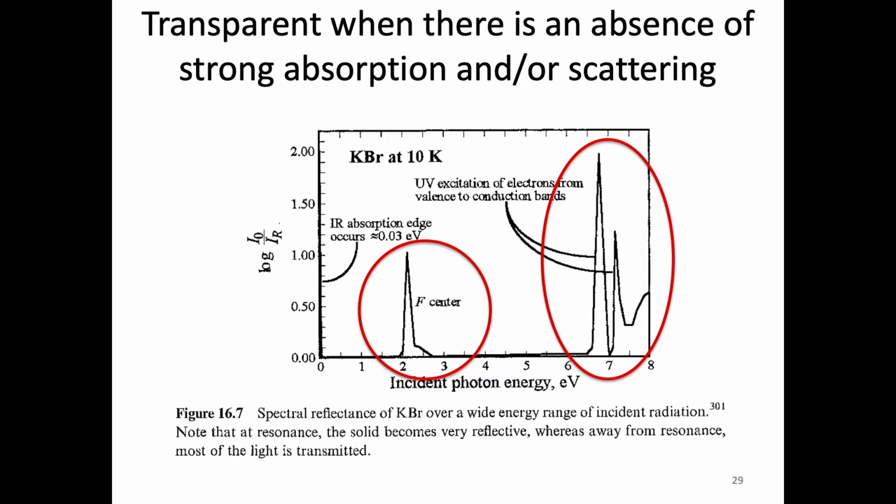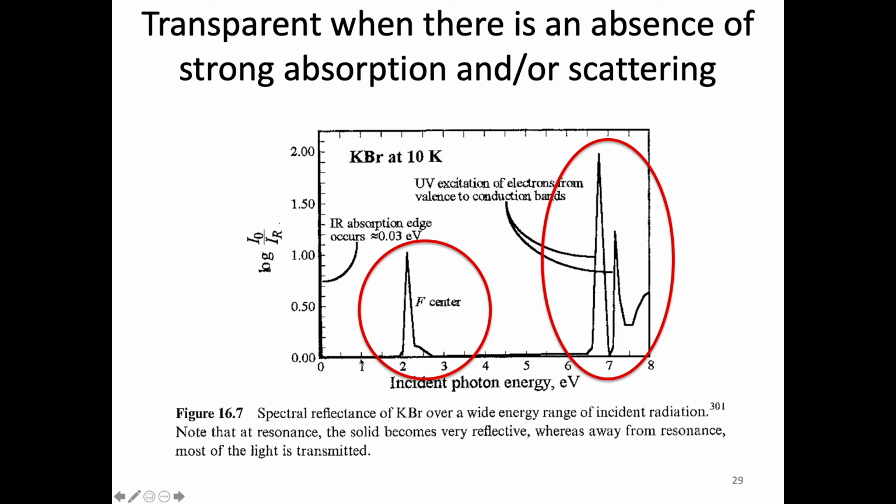Okay, and so again, transparent materials are going to be when we have the absence of those effects like absorption or scattering. And so here, this is looking at the incident intensity versus the reflected intensity. And again, this is as a function of, instead of wavelength, we're actually looking at photon energy, but you can relate the two very easily.